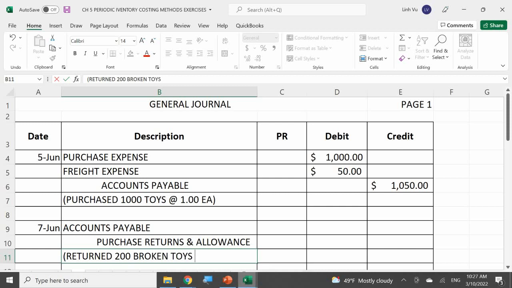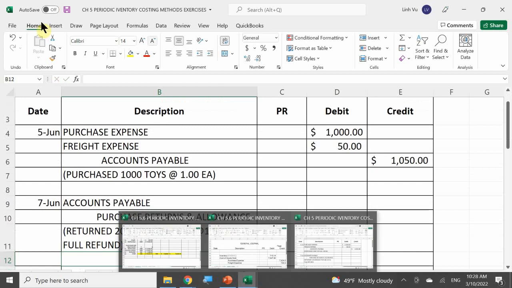Now in this case, I only have one batch of inventory. How much did it cost me per item that I bought the toys for? $1.05. Okay, that's including freight. Can we return freight? $1. We only originally purchased it at $1 each, and we got a full refund.